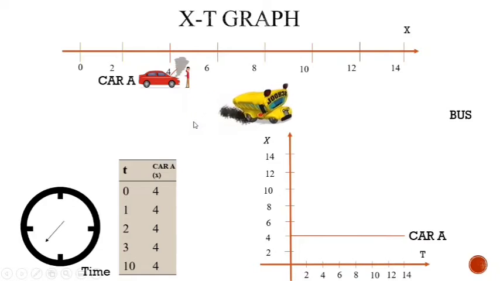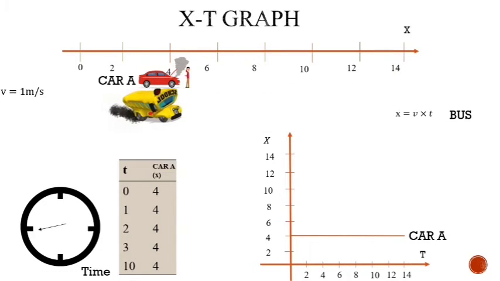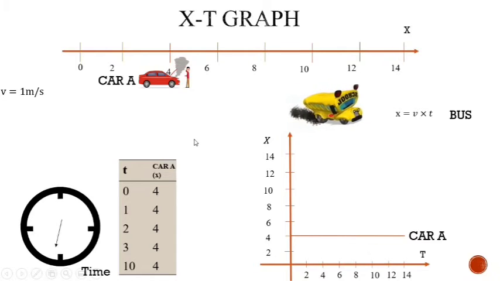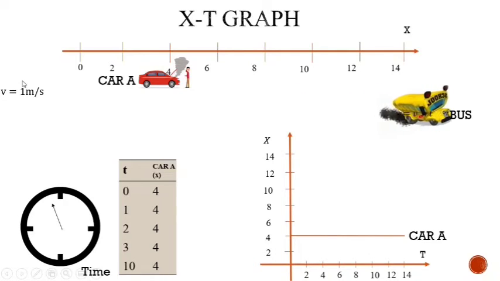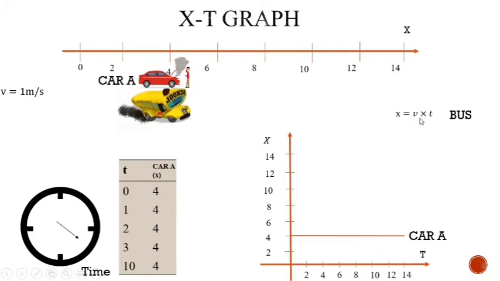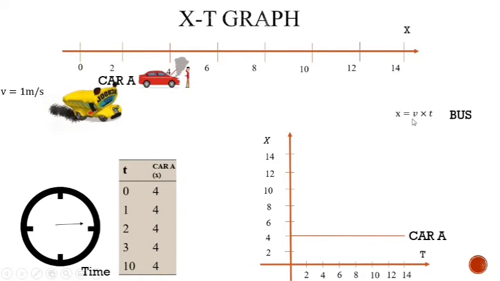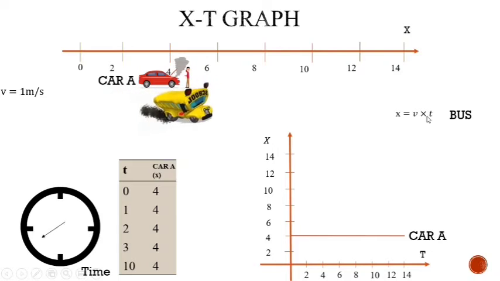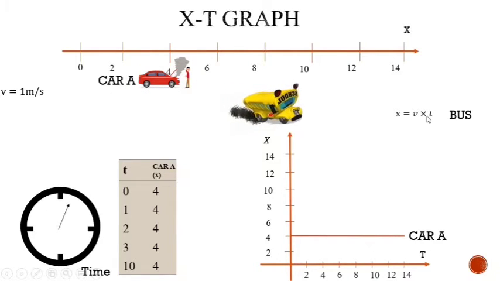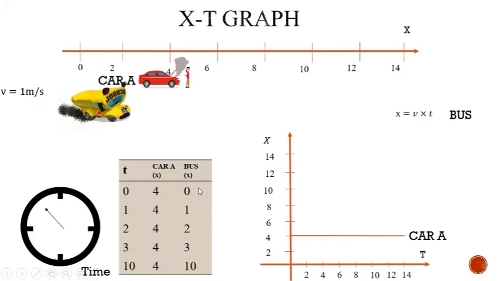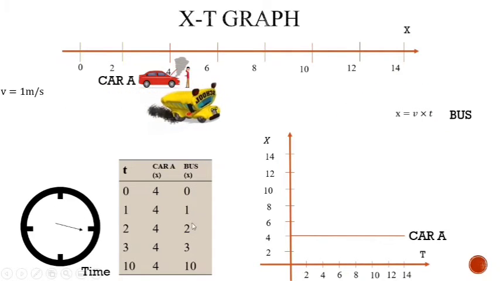Suppose this bus is moving with uniform velocity with v equal to 1 meter per second. When uniform velocity is there, we have the displacement formula equal to velocity into time, and velocity is 1 meter per second, so that we can find the displacement for every next moment. So for the bus, if you find the displacement at different points, you will get output like this.